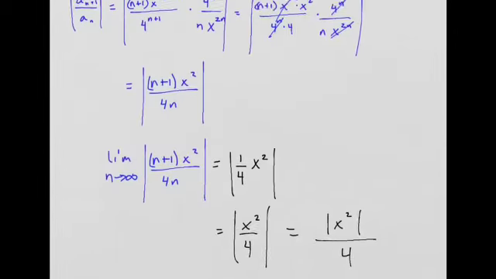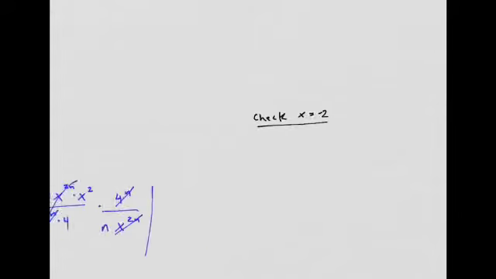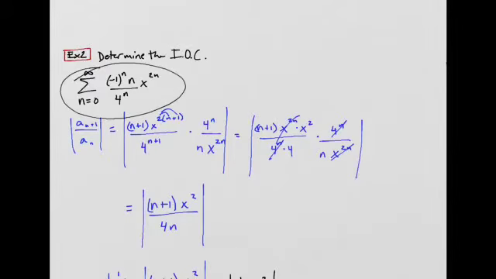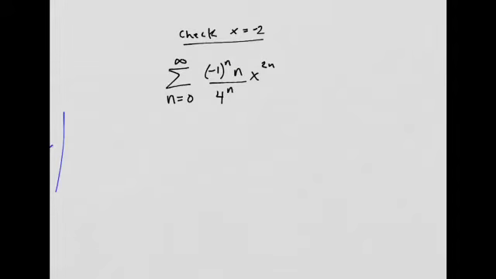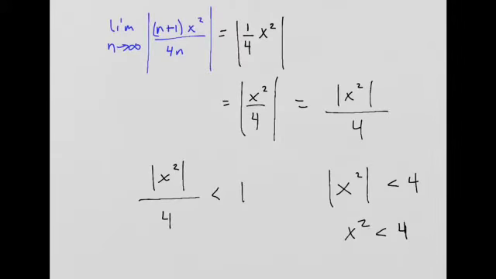How do I check my endpoints? Well, I'm going to check -2 first. Check x equals -2. And where am I checking it? I'm checking it in my original series, and I want to see if this converges. Remember, if the limit equals 1, the ratio test would be inconclusive.